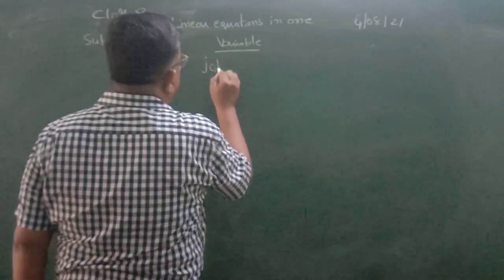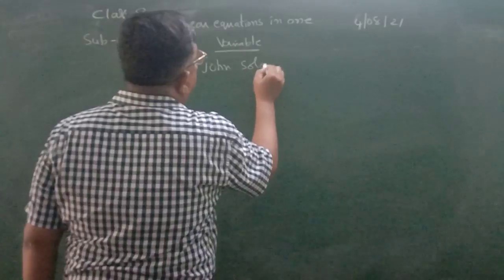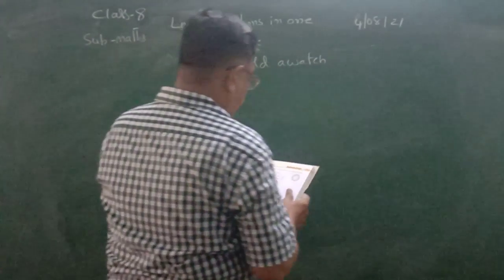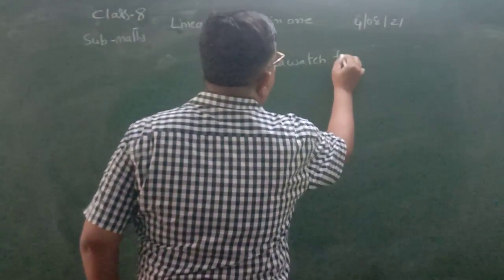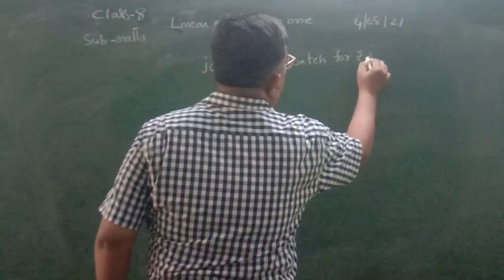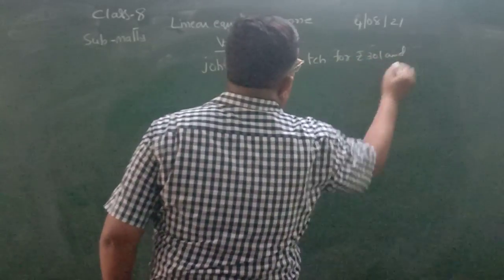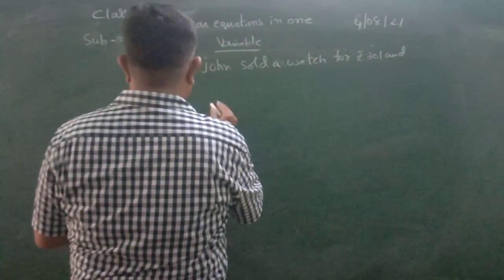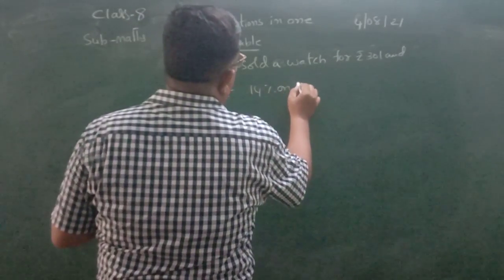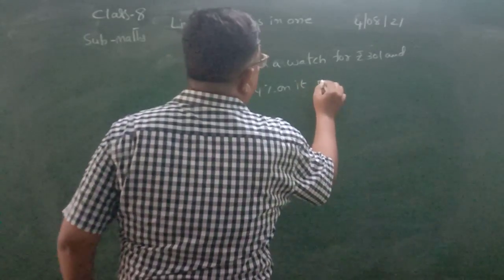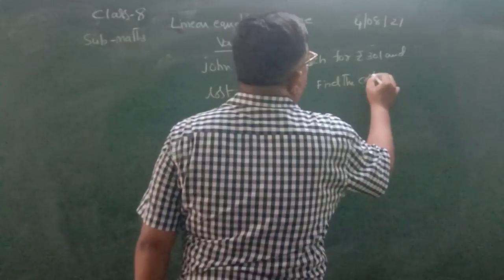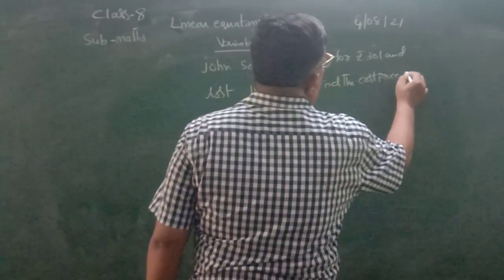John sold a watch for rupees 301 and lost 14% on it. Find the cost price of the watch.